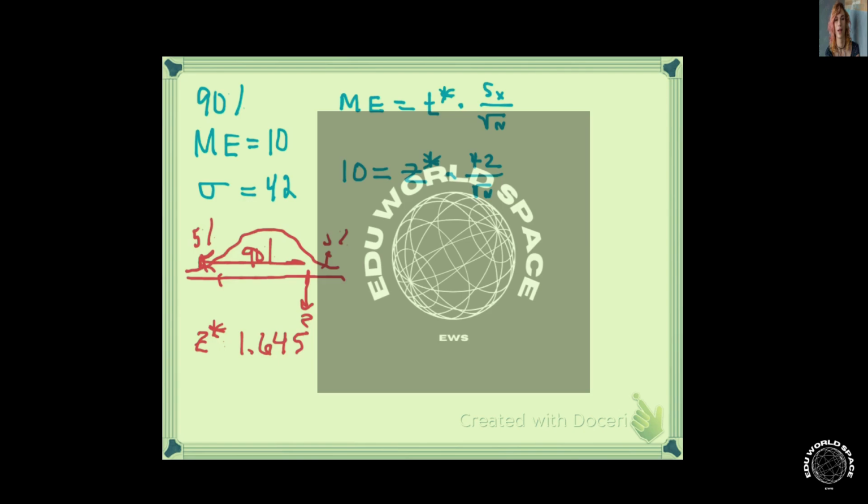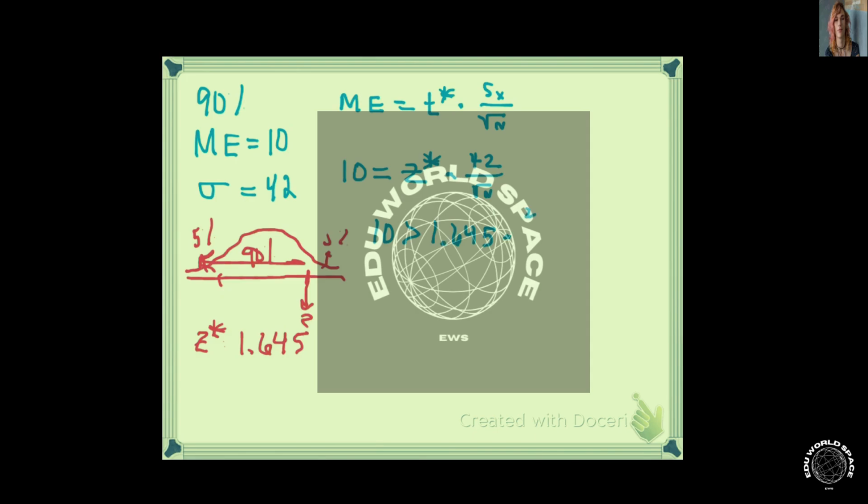So let me fill in some more information here. I know I got 10 now as my margin of error. And actually, let me back that up a little bit. I need to be bigger than that. So 10 is greater than my z star value, 1.645.